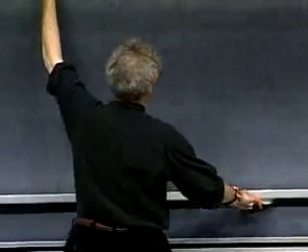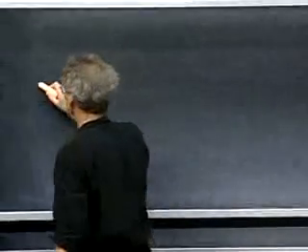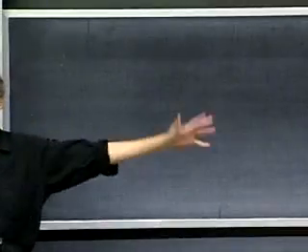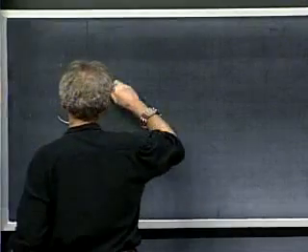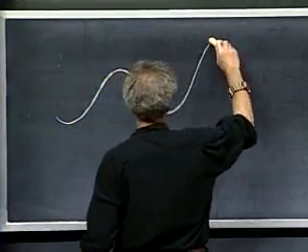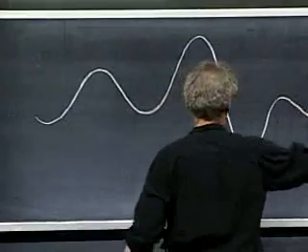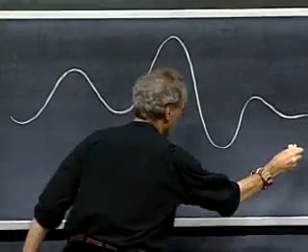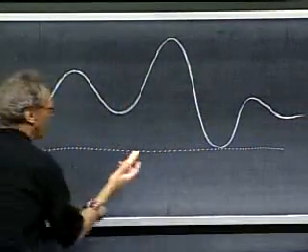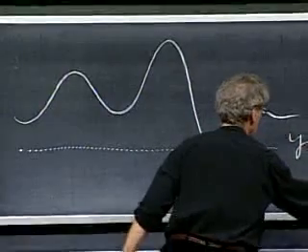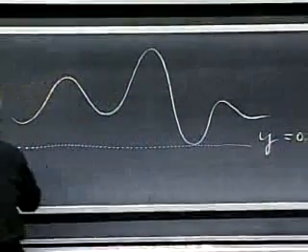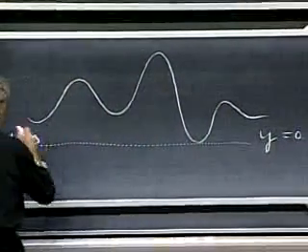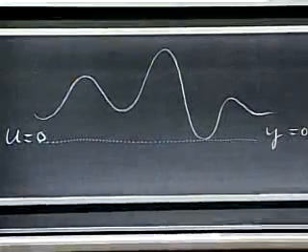Suppose I have a curved surface, literally a surface here, which looks something like this. I call this arbitrarily y equals 0, and I could call this U, gravitational potential energy, 0 for that matter.